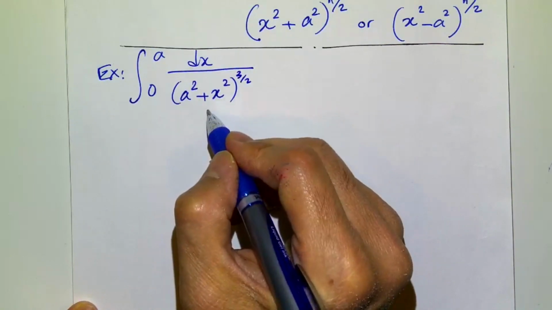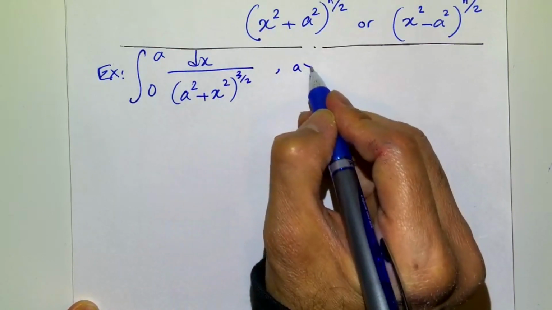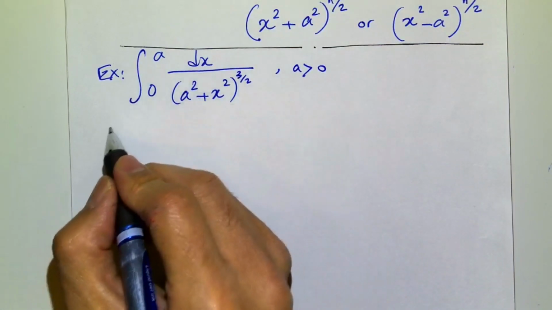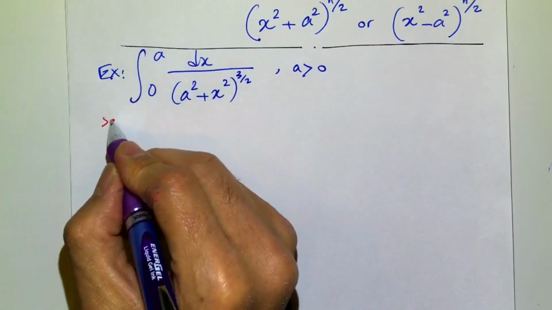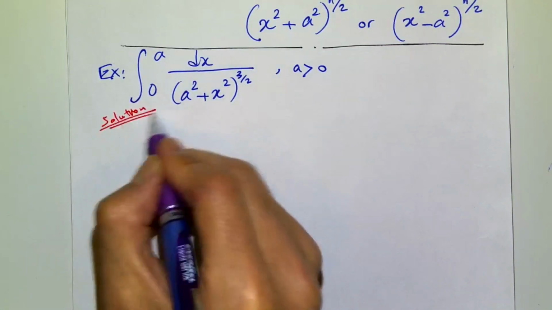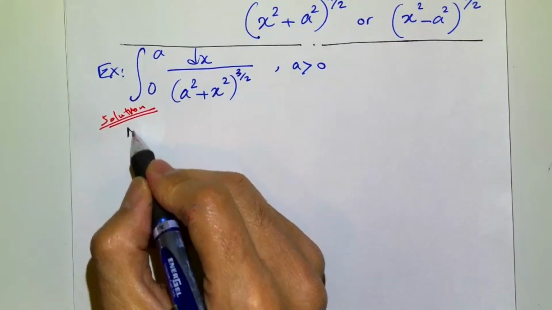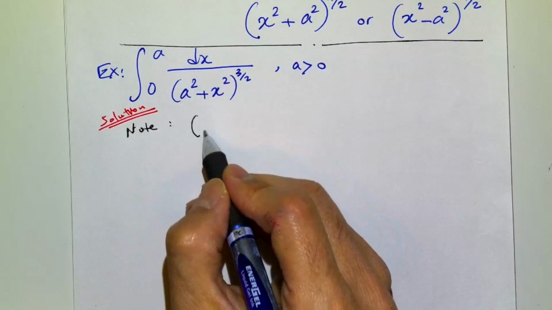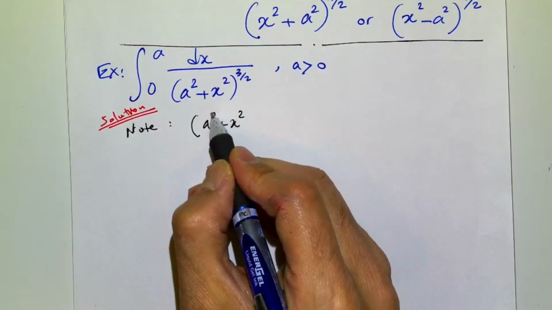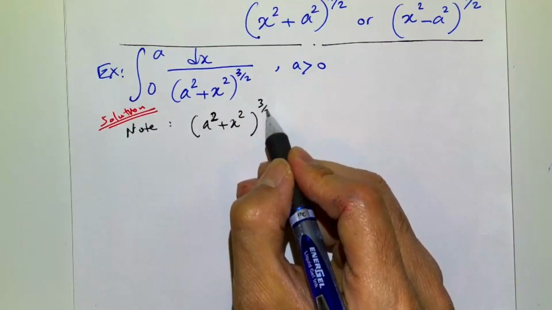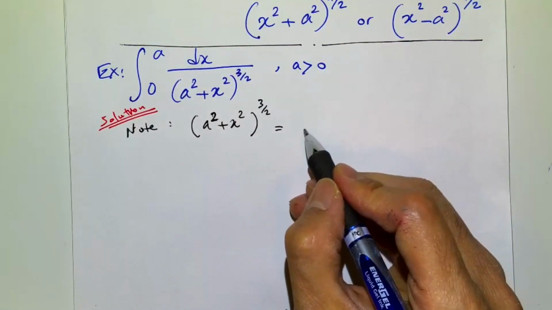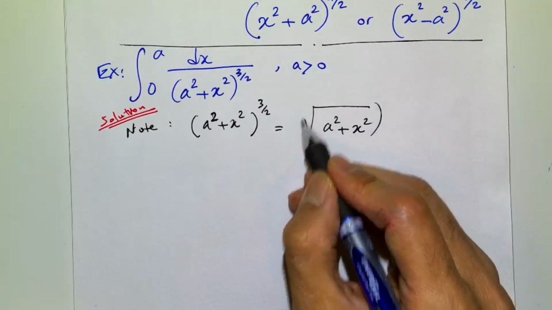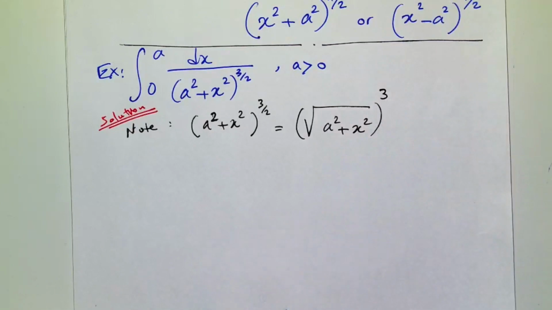Okay, so note that first thing, a squared plus x squared to the 3 over 2 power, we can rewrite that as the square root of a squared plus x squared, cubed, right?